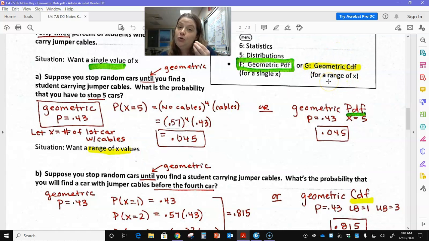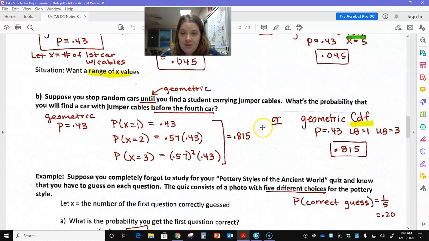Remember that stands for cumulative, so we're putting several together. Suppose you want to stop random cars until you find a car carrying jumper cables. What is the probability you will find a car with jumper cables before the fourth car? It means you don't have to stop the fourth car. So it must be the first car or the second car or the third car that had jumper cables.